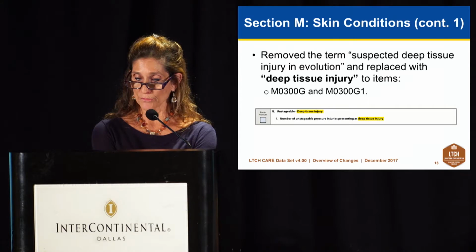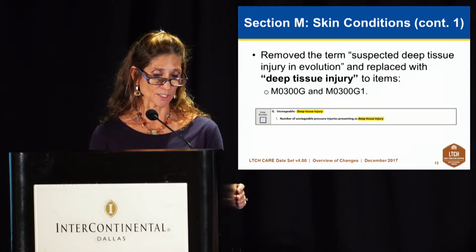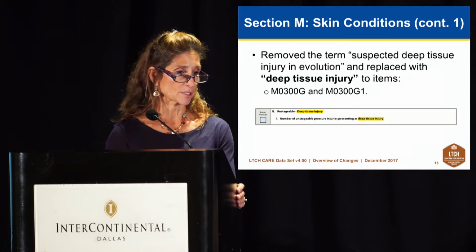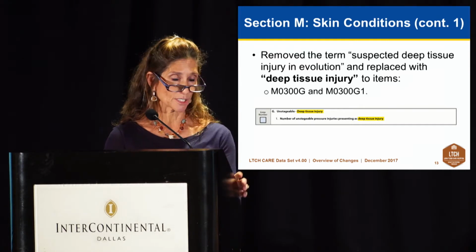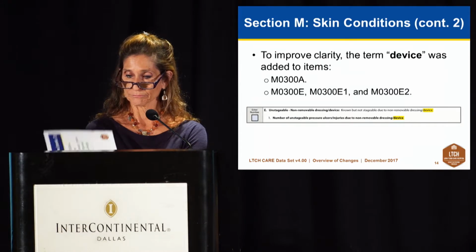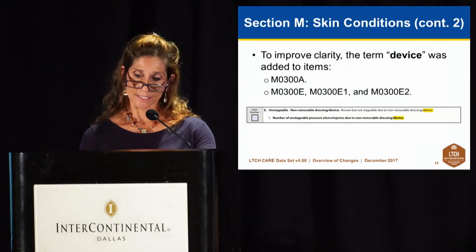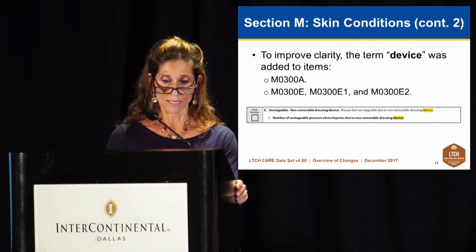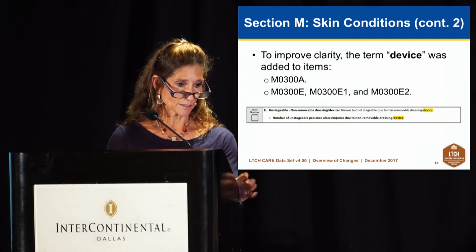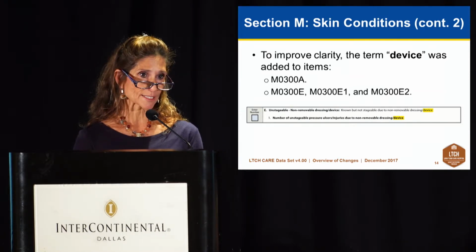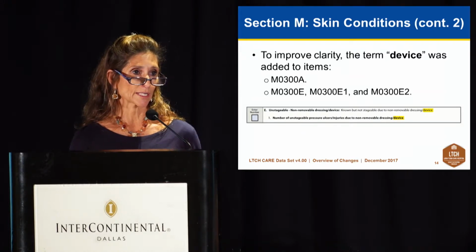We also are removing the term suspected deep tissue injury evolution and replacing it with a simpler term, deep tissue injury, and it would be applied to the admission and the planned discharge for M0300G and M0300G1. Still in Section M, we're adding improved clarity for the device, where non-removable dressing and device was added.